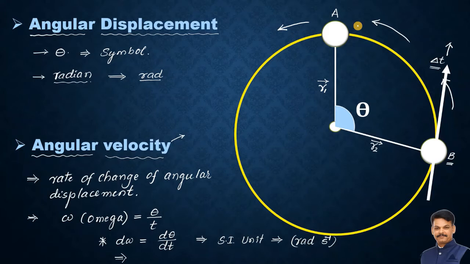Yes, its direction is taken along the tangent drawn to the circle at that point. So the direction of the velocity will be in this direction. Like this, the direction of the object continuously changes, and along with that, the direction of velocity also changes.